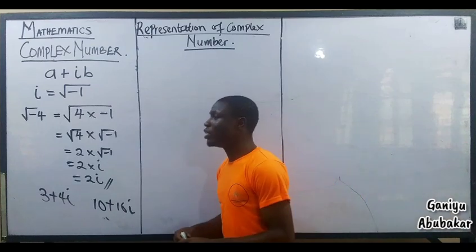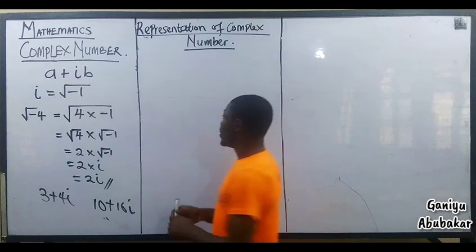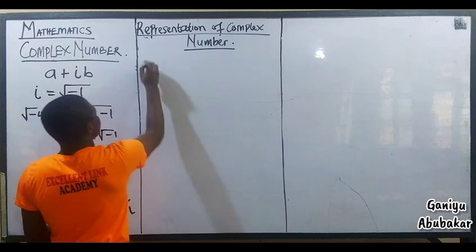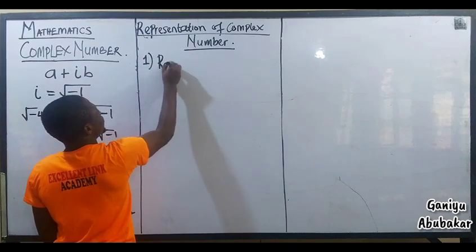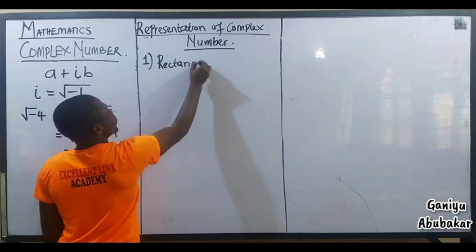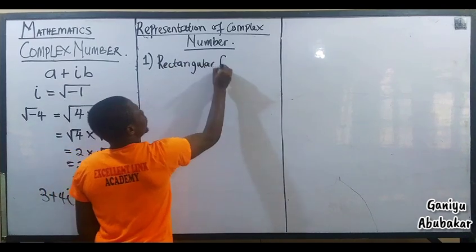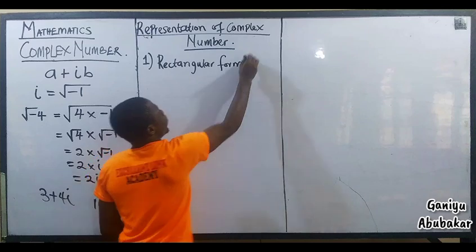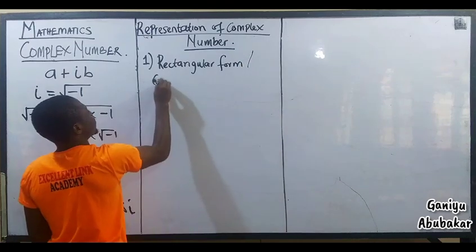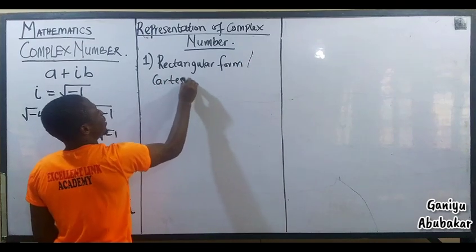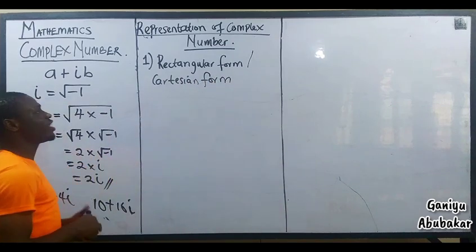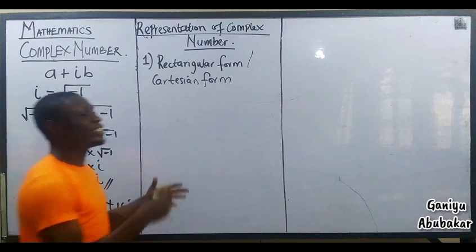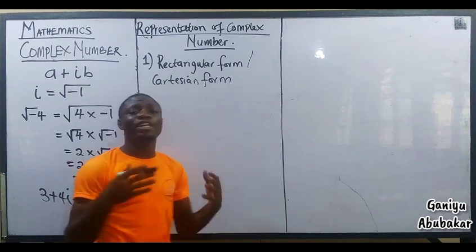Number 1 is called the rectangular form, or the Cartesian form, of representing the complex number.